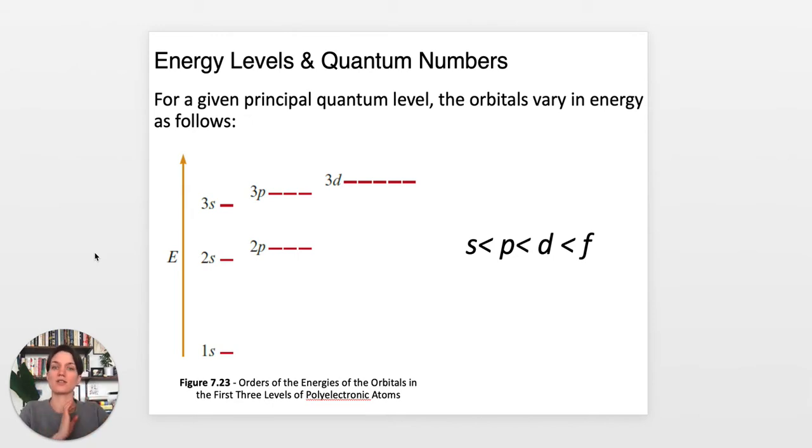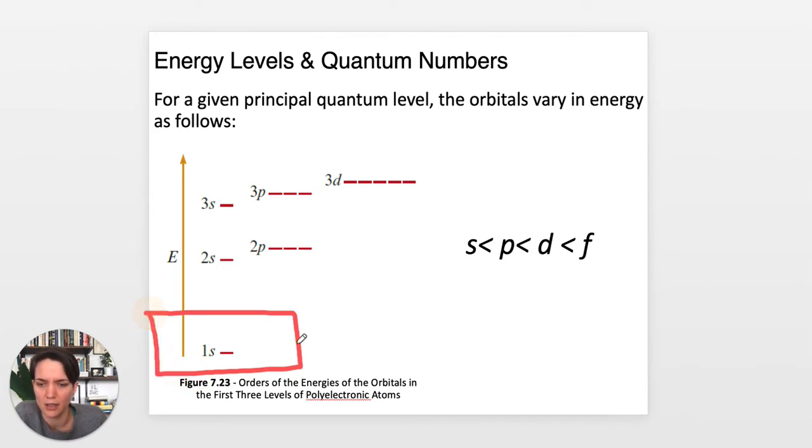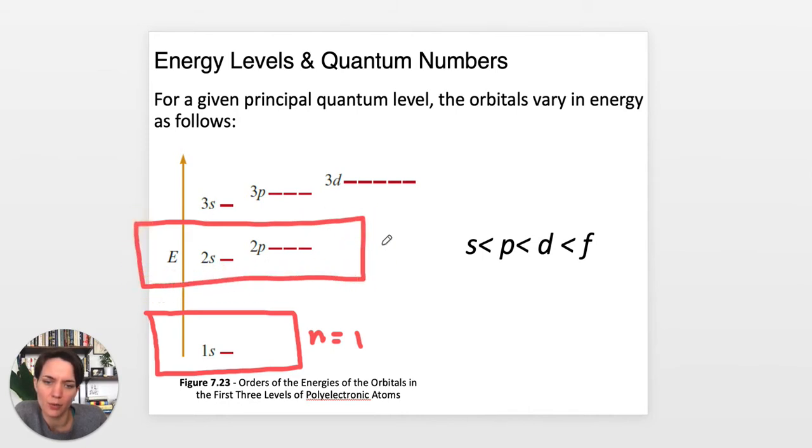the differences in energy levels within that n level. So if n equals 1, we only have one orbital, and we know that that's an s orbital. If we are at n equals 2, we have s orbitals and p orbitals. And notice, n equals 1, we have our lowest energy level, most stable.